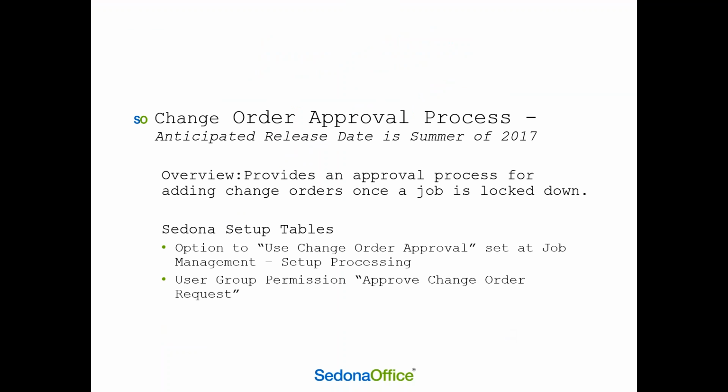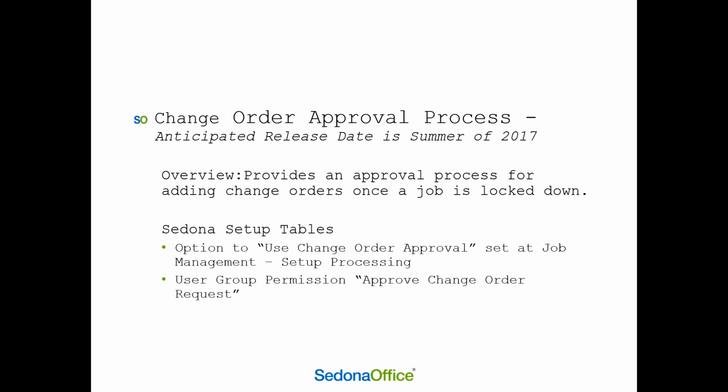The next thing we're going to talk about is the new change order approval process, which is coming out this summer. What this is going to do, it's going to provide an approval process for adding change orders once a job is locked down.